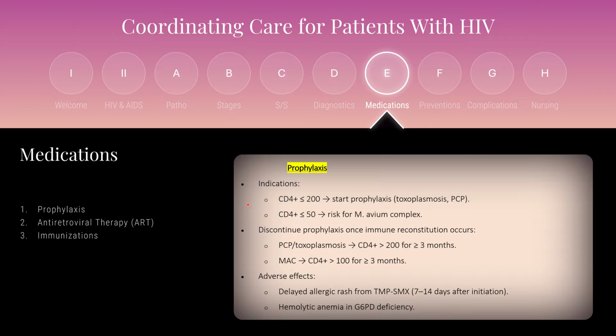Monitoring schedule is viral load every 3 to 4 months initially, then every 6 months if stable, and CD4 plus count every 3 to 6 months initially, then annually if stable. For ART adherence, the patient must commit to 95% adherence to prevent drug resistance. Skipping doses leads to viral resistance and treatment failure.